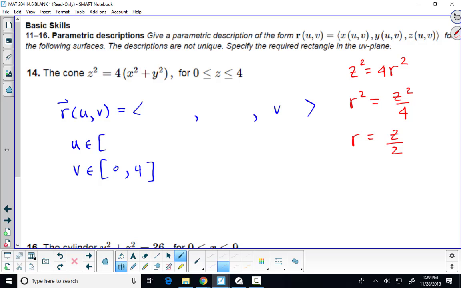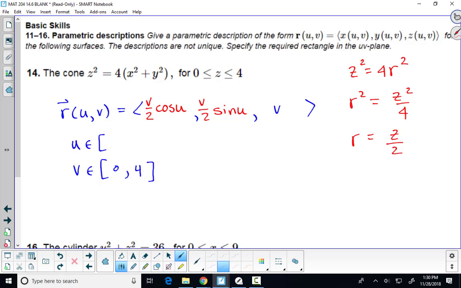So z I let be v. Let me just write this down and then we'll talk about it. So cosine of u. If I have a circle, I'm thinking r cosine u, r sine u. So if we wrote something like a parametrization, like 3 cosine of t comma 3 sine of t, we all know that's a circle of radius 3, correct?